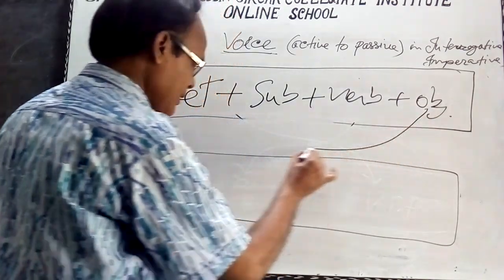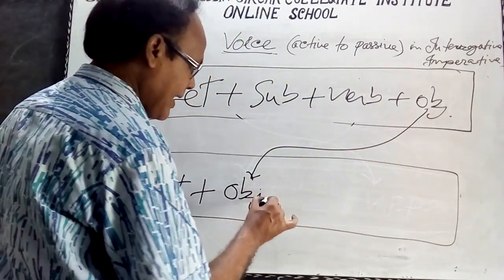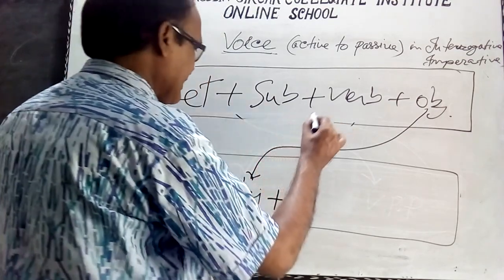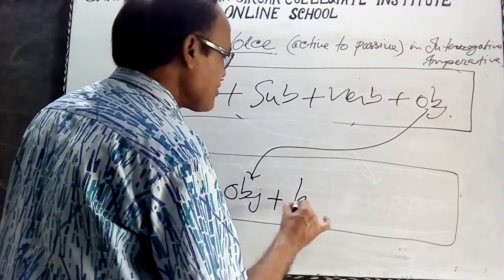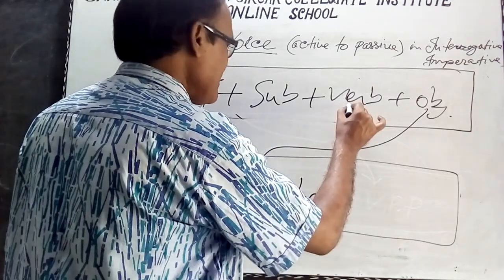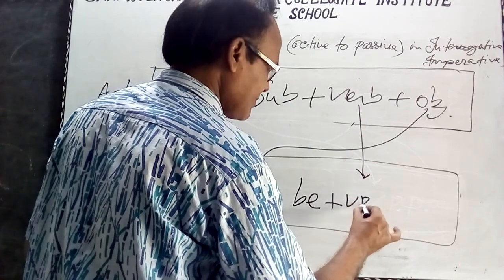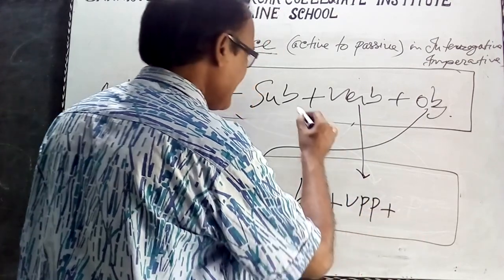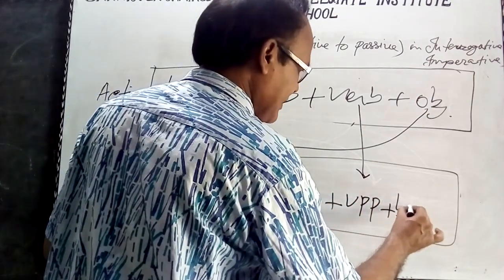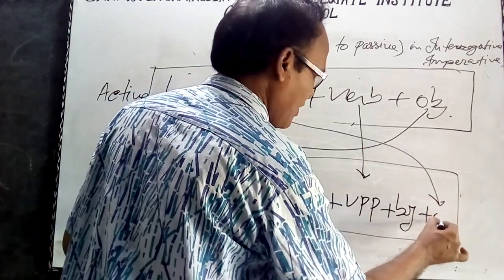Then the object will be the subject, and we must use be. Then the verb will be in the past participle form, and there will be by, and the subject will be the object.